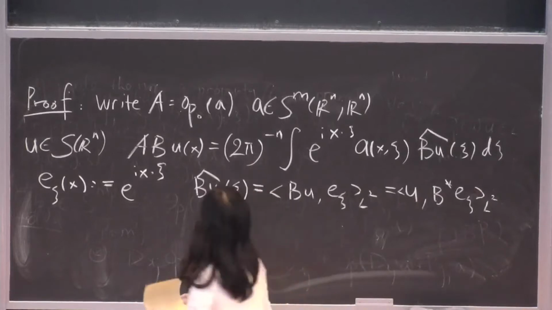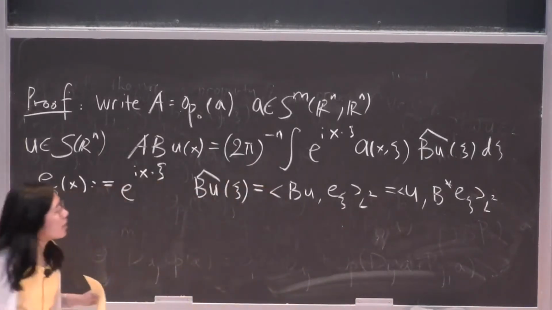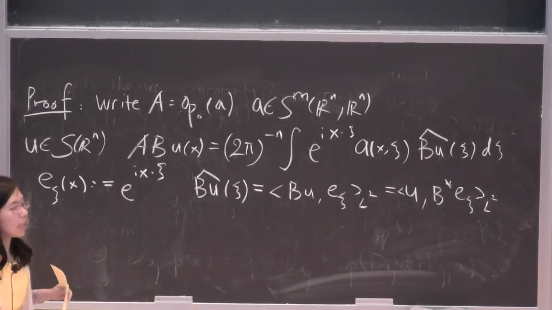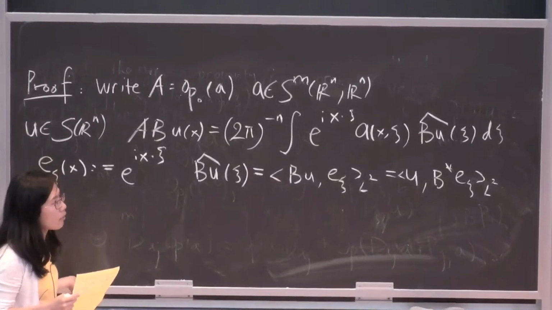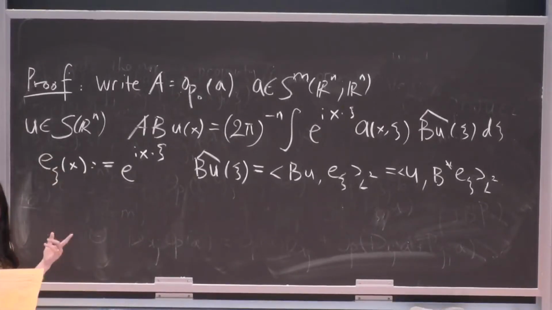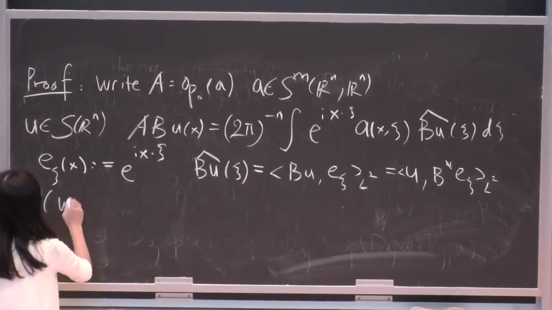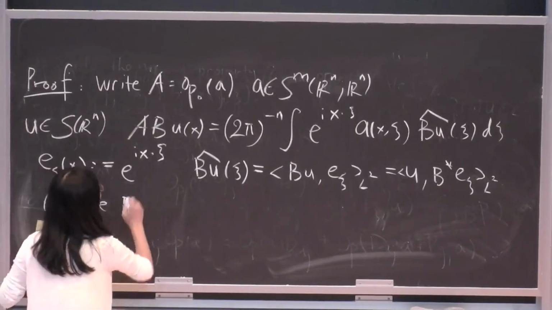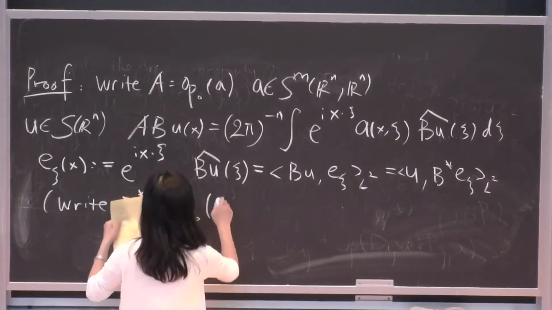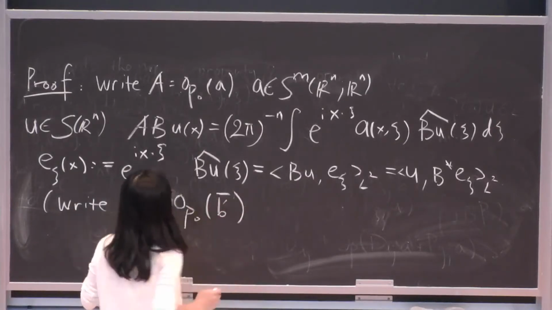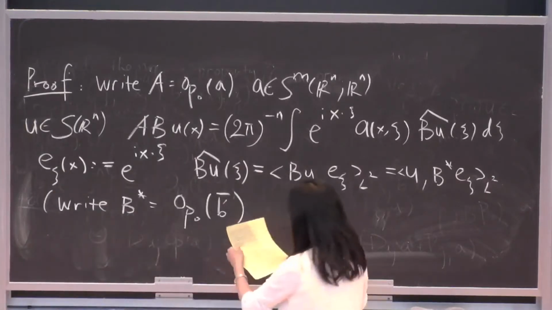As we saw earlier, B* is the adjoint of a pseudo-differential operator, and therefore it's still a pseudo-differential operator of the same order. Therefore I'm going to write B* as Op_0 of a symbol which is independent of y. I'm going to use the notation b-prime bar because it has the adjoint in it.